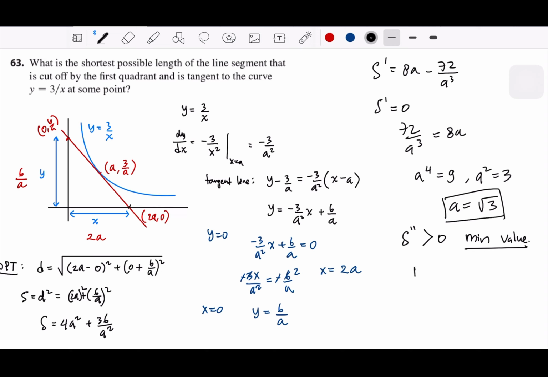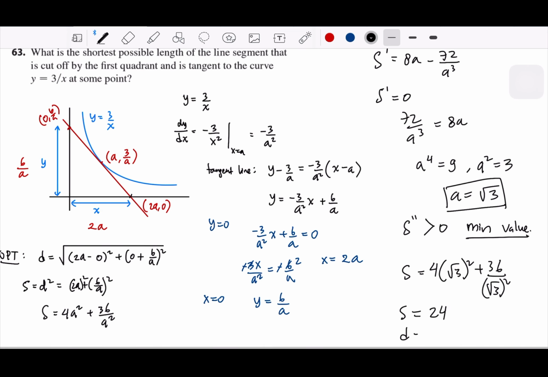So we will have s, or maybe we can take s is 4 times square root of 3 squared plus 36 over, or s will be 24. Or in our case, our d will be, so we bring back the original question, which is d.